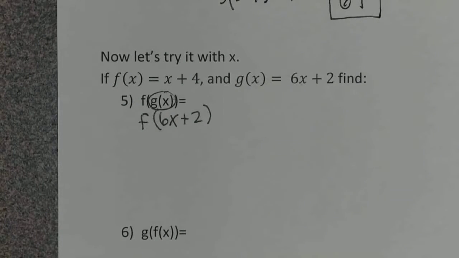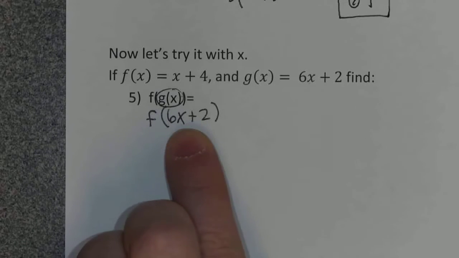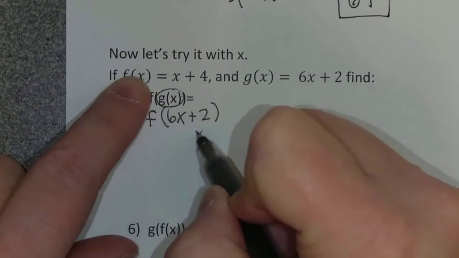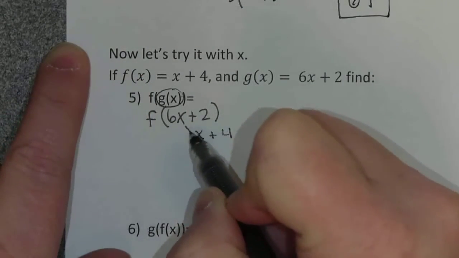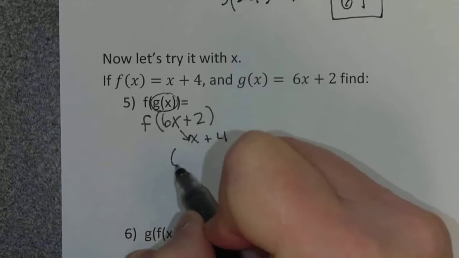Very agreeable. Then what do I have to do with that part? I have to put it through the F function. So in the F function, when I see X, what am I substituting in for it? 6X plus 2. Okay? So my F function is normally X plus 4, but what am I going to put in place of the X? 6X plus 2.